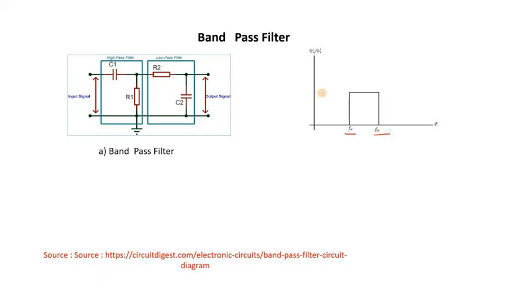Suppose this is your low pass filter response and this is your high pass filter response. Sorry, this is low pass filter, this is high pass filter. So the area which is common, like this, is actually the response for the band pass filter.